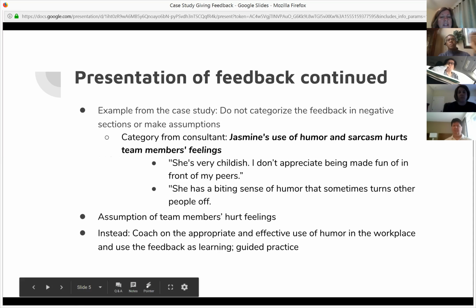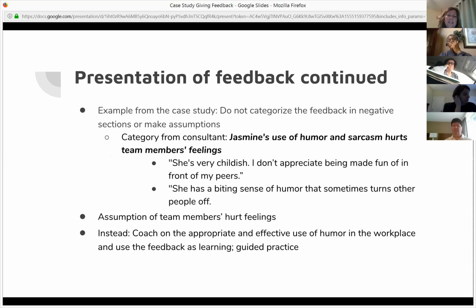Example from the case study, one of the things that the consultant does is categorizes the negative feedback and make some assumptions. So when you look at these bullets, here's a couple of comments from the employees. She's very childish. I don't appreciate being made fun of in front of my peers. Another comment is she has a biting sense of humor that sometimes turns other people off.